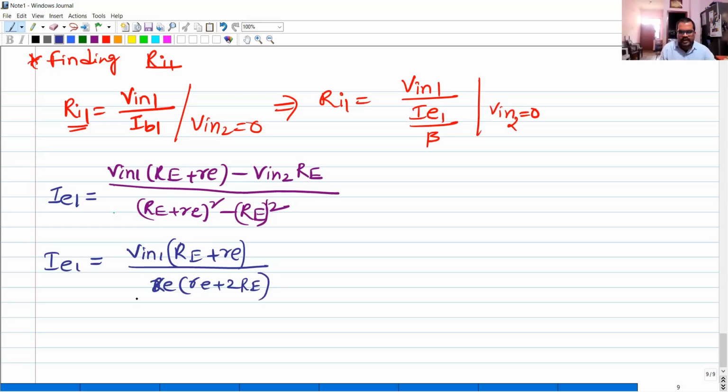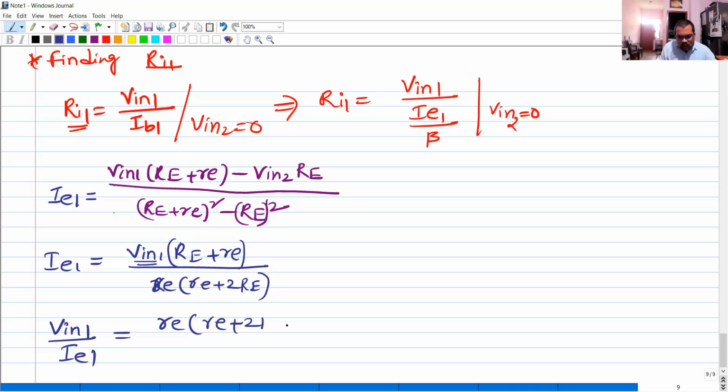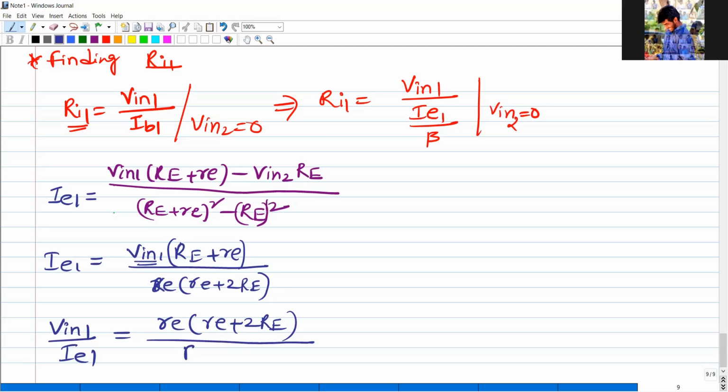Now here we know the Vin1 value and the IE1 value. So I want to write Vin1 by IE1. This entire term moves to this side: RE plus 2RE by RE plus RE.